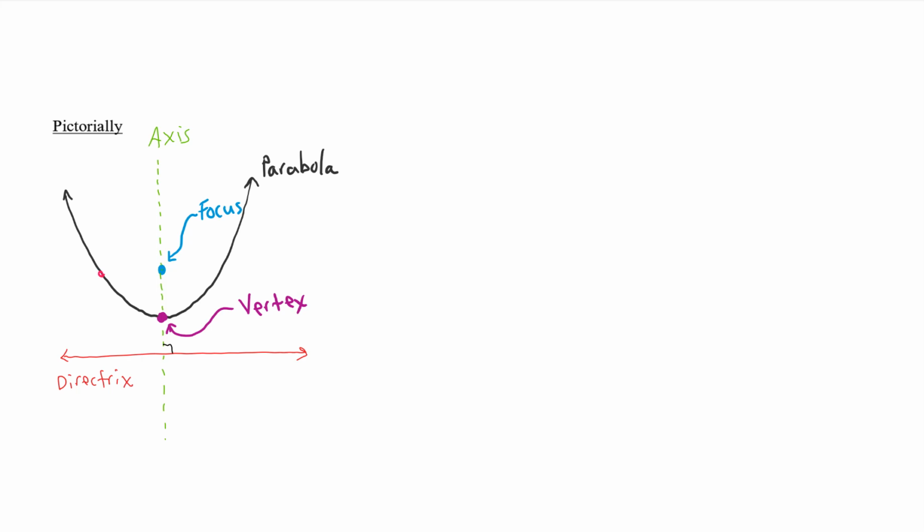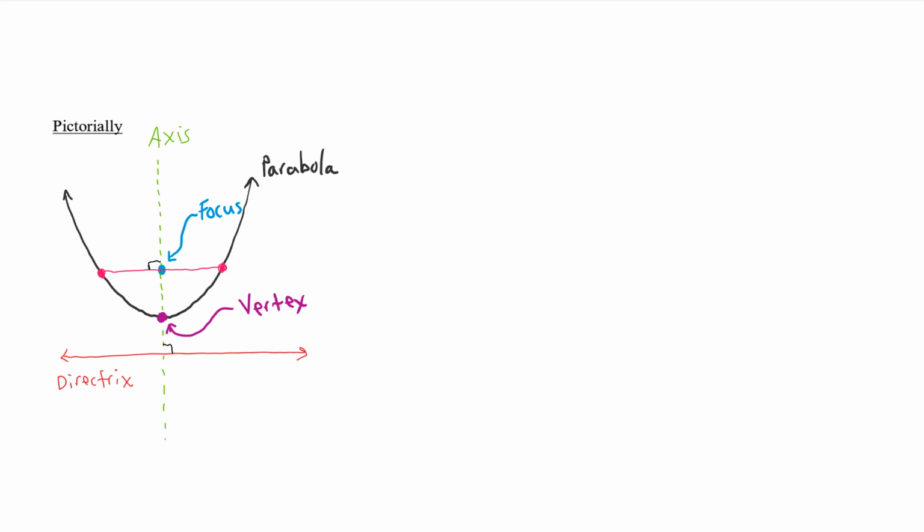So for our picture, it would be this line segment here. Notice that line segment is parallel to the directrix, because this is a right angle. It contains the focus, and its endpoints are actually on the parabola. That line segment is called the latus rectum.